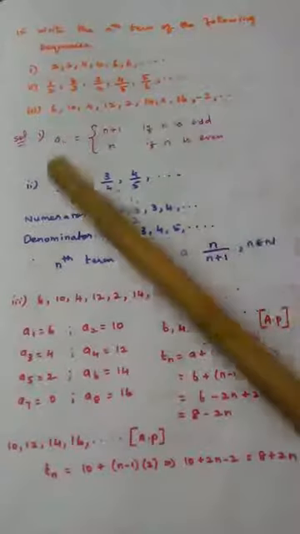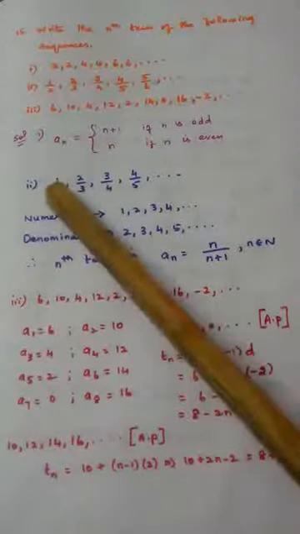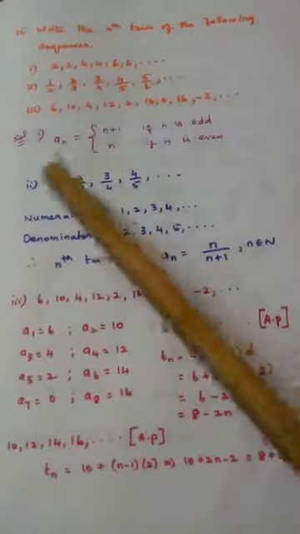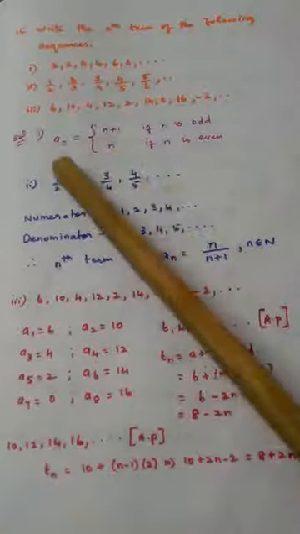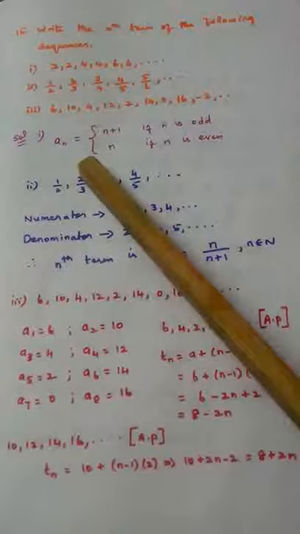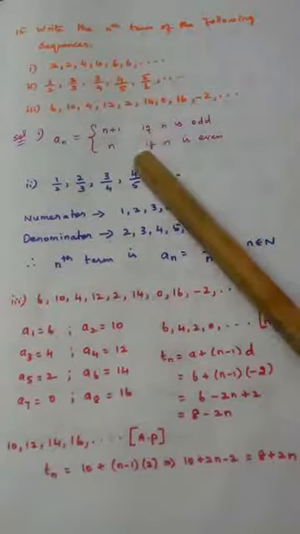This is the second subdivision, writing the question here. Since it is in fraction form, I am going to look at the question like this. If I see the numerator, it becomes 1, 2, 3: first term numerator 1, second term numerator 2, third term numerator 3, fourth term numerator 4.